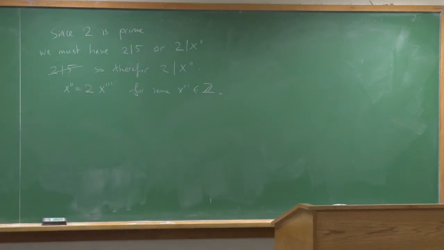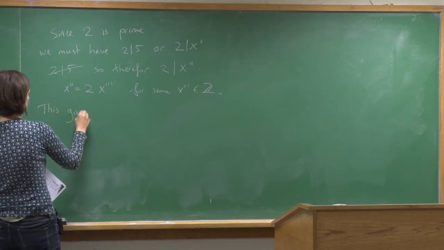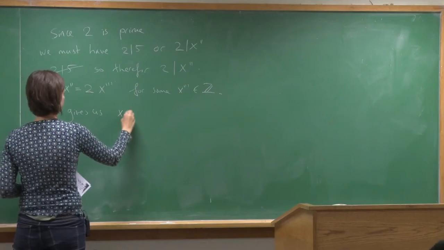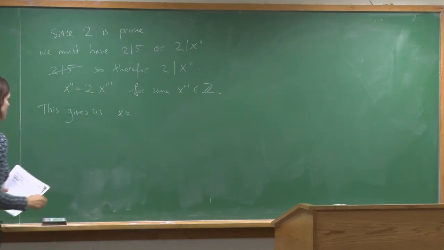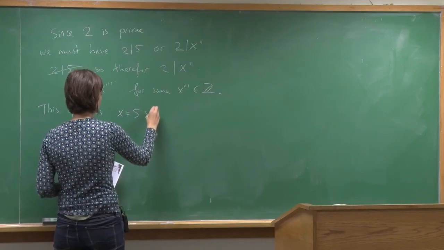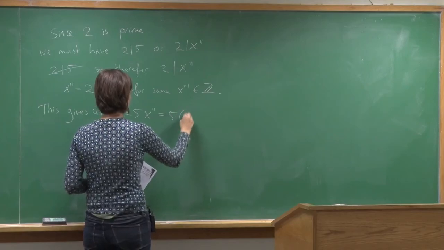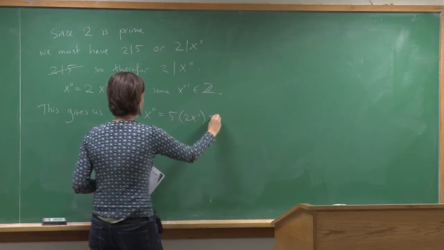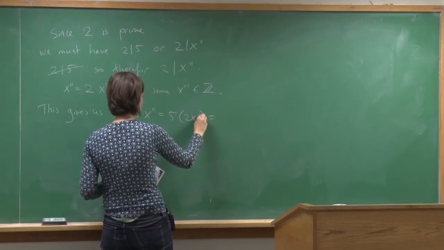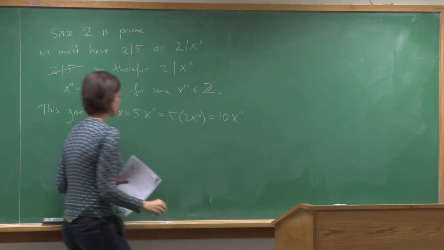And that's really the last step that we needed, because now we can say this gives us that x was equal to 5 times x double prime, which is equal to 5 times 2 times x triple prime, which is equal to 10 times x triple prime.